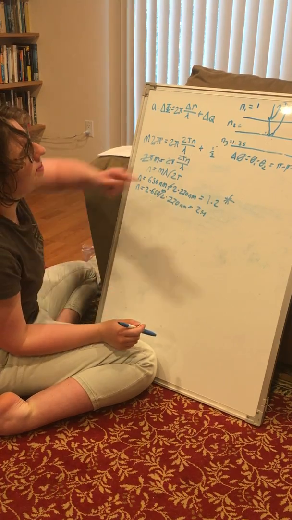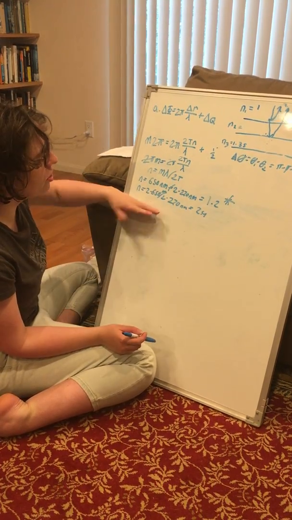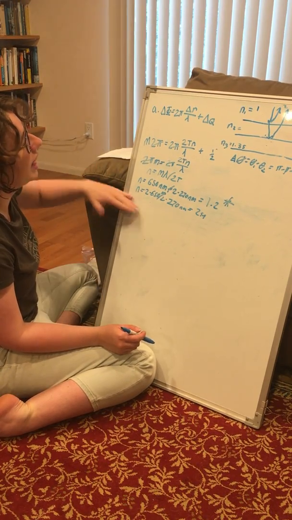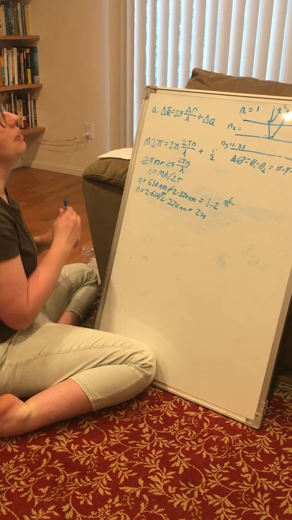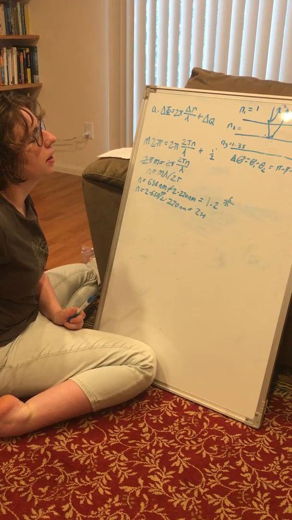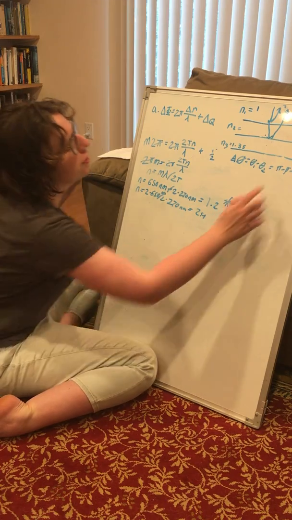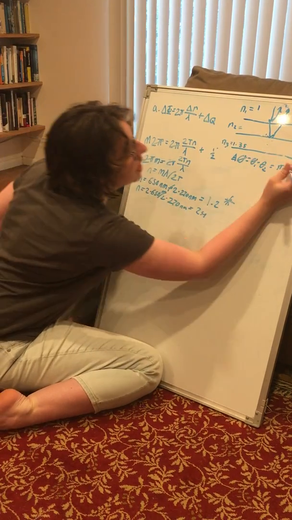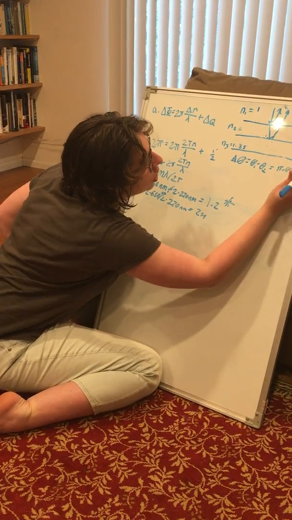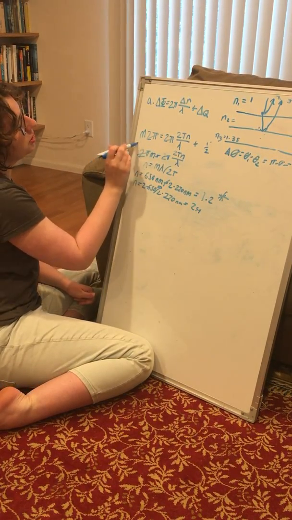So then this part that we did the delta phi's with the 2 pi's, that doesn't apply anymore. So we need to switch equations at this point. We can't find the other smallest one with the equation we have. So now we have to assume that N2 is going to be bigger than 1.35. If it's bigger than 1.35, we're going to get a 0 phase shift here, and therefore a total initial phase shift of pi. See why I wanted to keep this equation up?